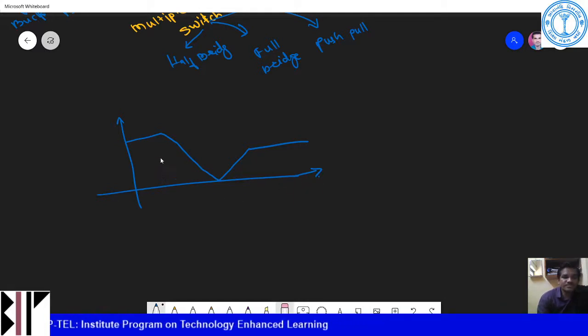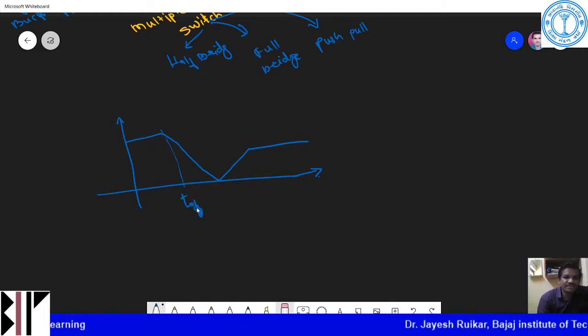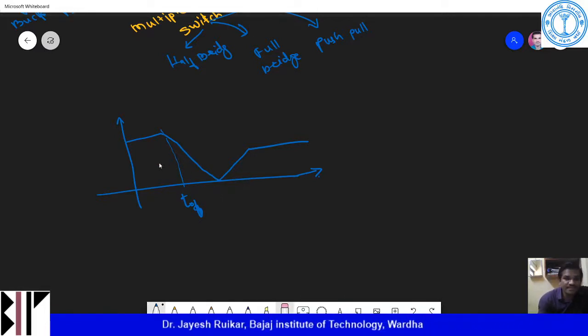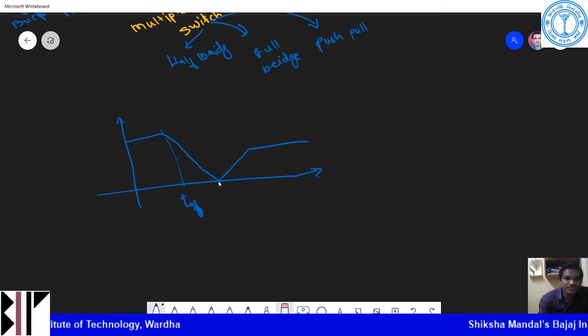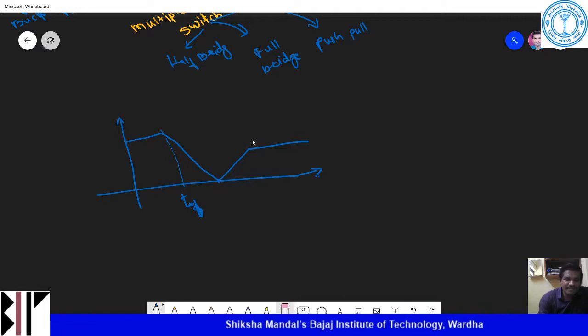If you see, this is my voltage curve, and this is the time of the switch being off. This is my voltage curve. My voltage goes from the peak and will go down to 0. So here my voltage is 0, here my voltage is 0, and then it will start the current curve.